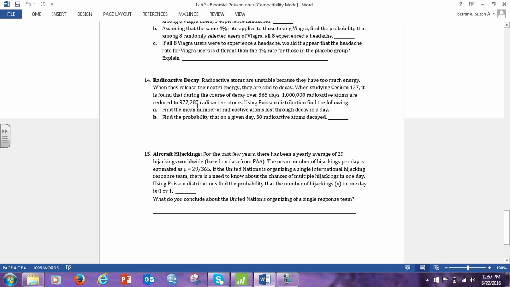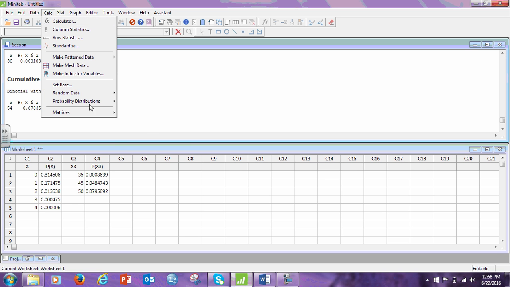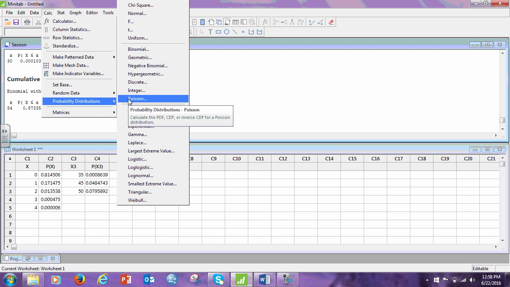So if we started off with 1 million and then we ended up with 977,287, then the number that was lost was 1 million minus 977,287, which is 22,713.